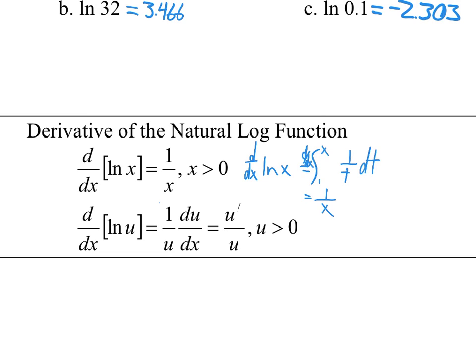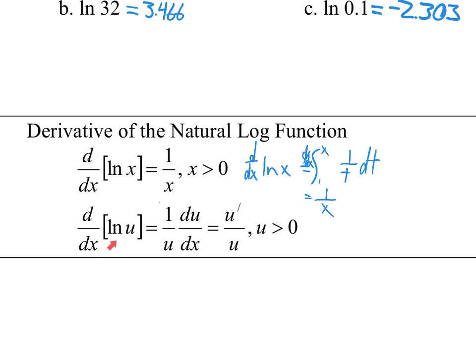Okay? Now, where this can get a little bit tricky if you're not careful is when you have ln of another function. And it really shouldn't be tricky because we've done a lot of this kind of thing in the past just with different functions. If you have ln of a function, that means we have a composite function, which means we have to use the chain rule.